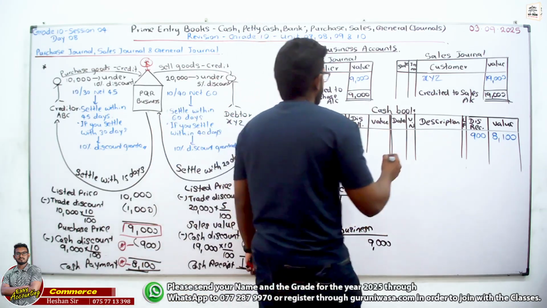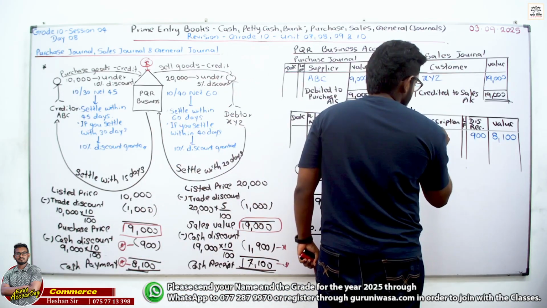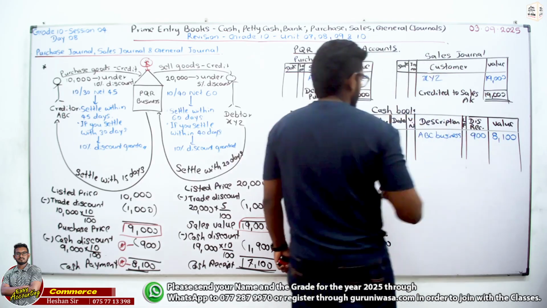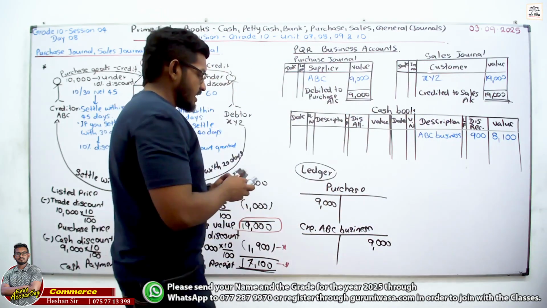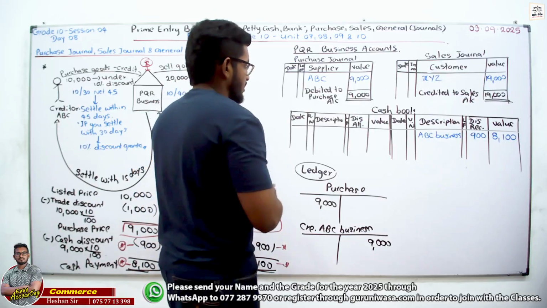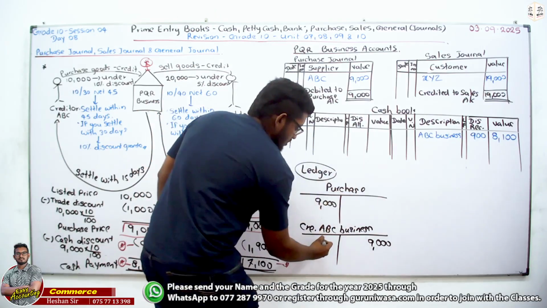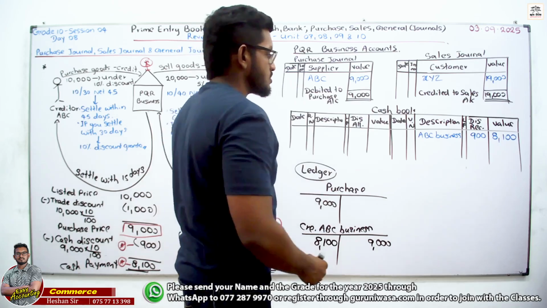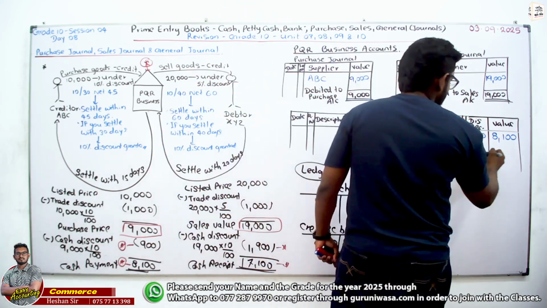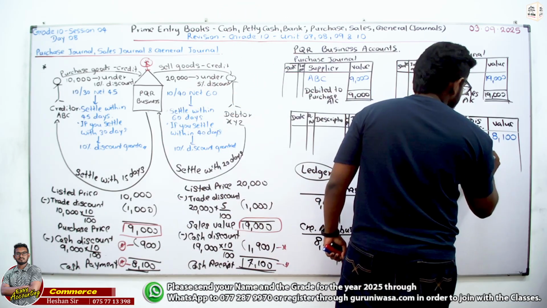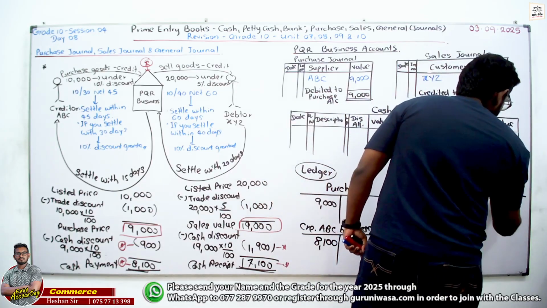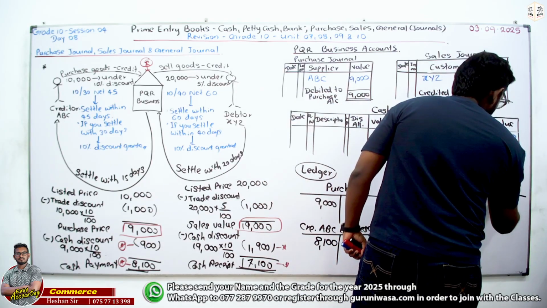Okay, this is the ABC business account. At the same time, I debit 8,100 here, and since discount columns are not performing the dual function, I get the total here and open a discount received account.